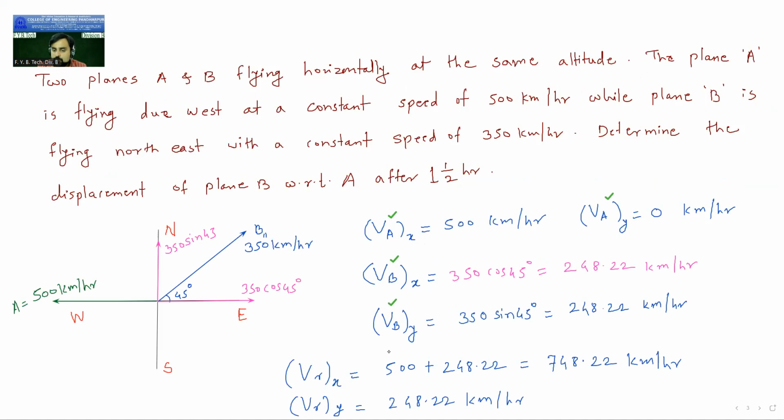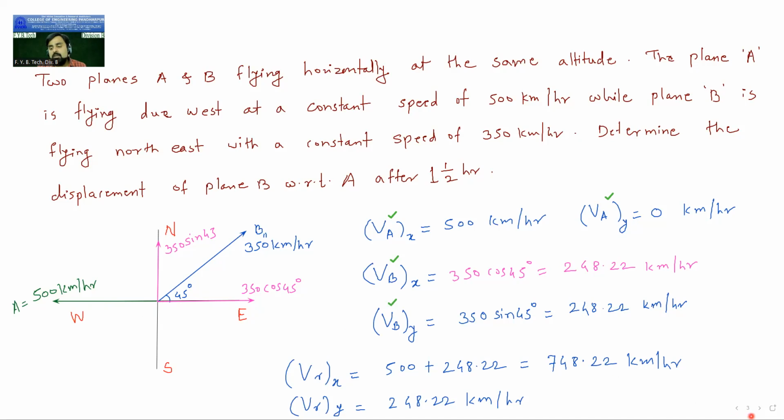Just understand this part. What we have done while calculating the relative velocity. When we calculated the relative velocity in x direction, this is the x direction. On the x direction these two quantities are there, and these two are moving in opposite directions. So if they are moving in opposite directions, we have added them.